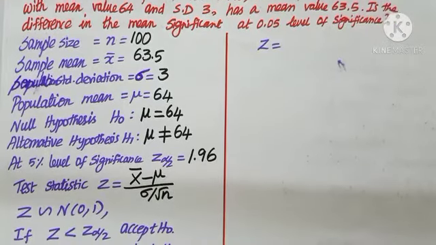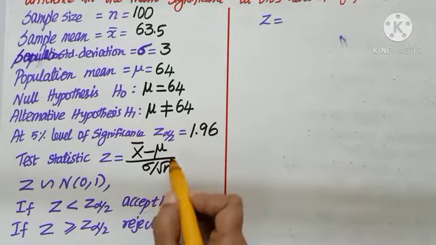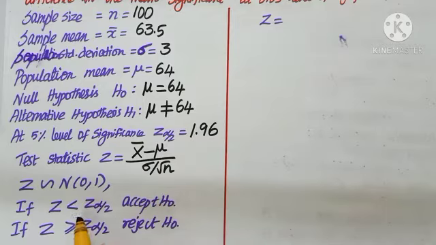What is the test criterion? If the Z value I calculate is below 1.96, accept H0. Above 1.96, reject H0. So let us calculate the Z value.